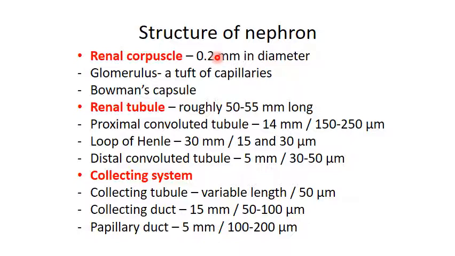So by the age of 40 you will have whatever number of nephrons a person has, it will be reduced by 10% by the age of 50 and 20% by the age of 60 and so on. However, despite this reduction in the number of nephrons, the kidney functions are not impaired.